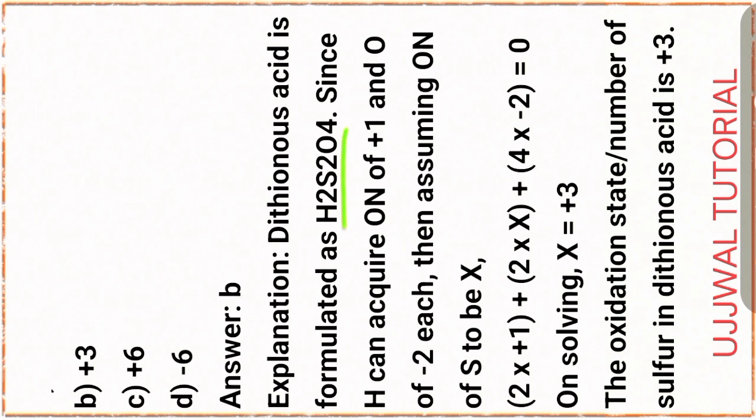Since H has an oxidation number of +1 and oxygen of -2, let the oxidation number of sulfur be x. By calculation, 2(+1) + 2x + 4(-2) = 0. Solving, x equals +3. The oxidation state of sulfur in dithionous acid is +3.